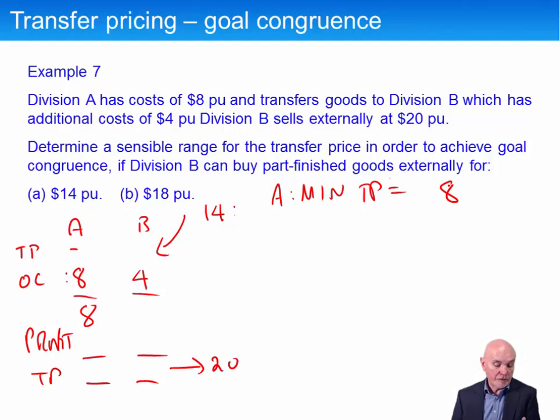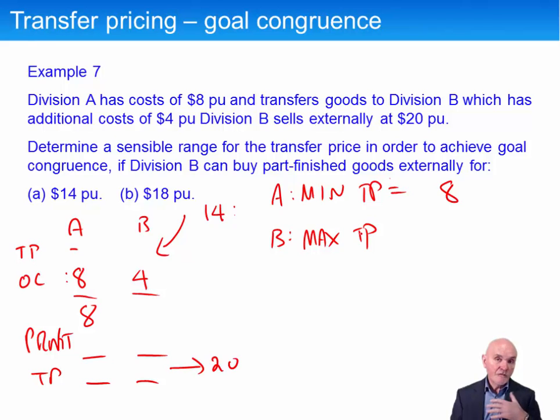A will not suffer a negative contribution, but if we look at B here, it's the one that's going to determine the maximum transfer price that we want to give to B here. And what we don't want to do is to make B prefer to buy in outside at 14.